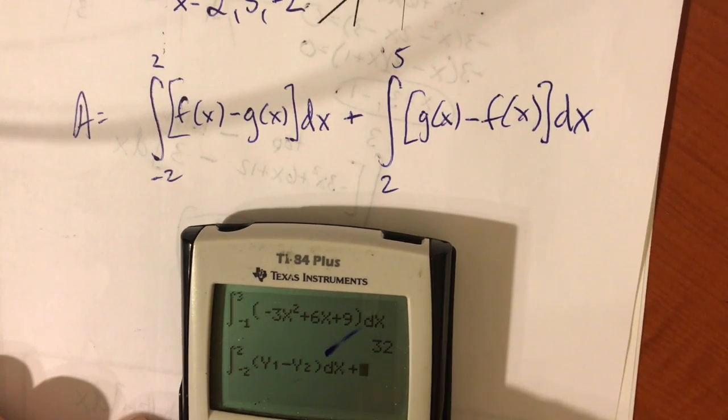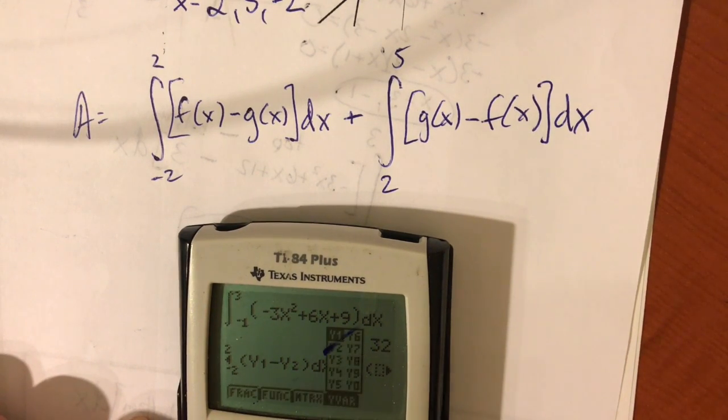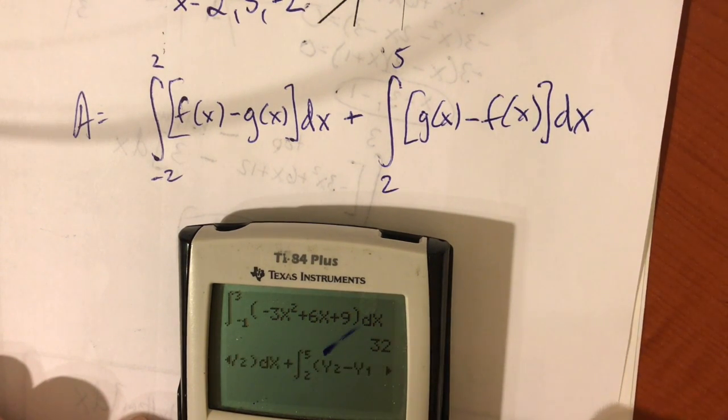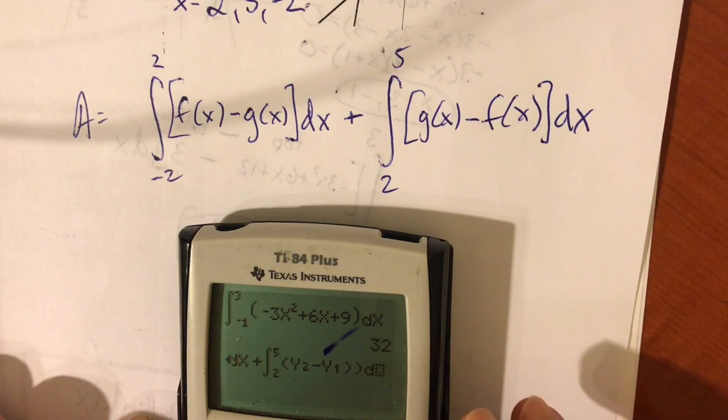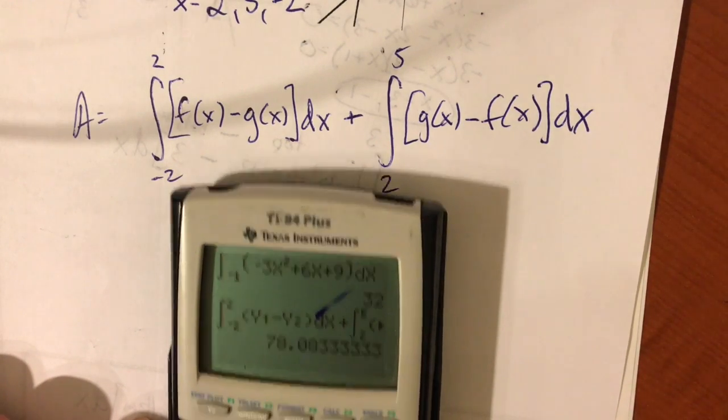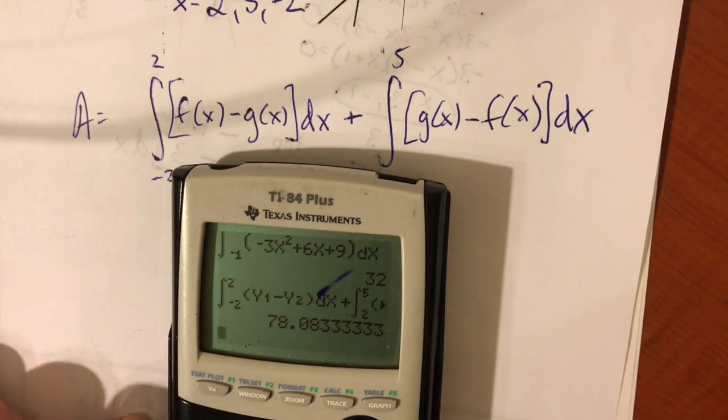And why not just do another big one? Plus math 9, or if you like to get them separately and then add them, that's fine. Alpha trace, this time it's y2 minus y1. Close it. dx. All right, final answer, 78.083, which would be acceptable.